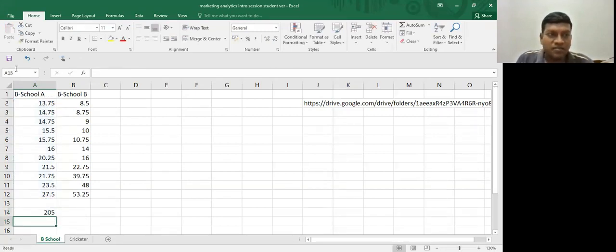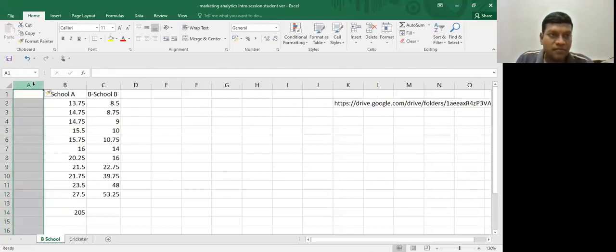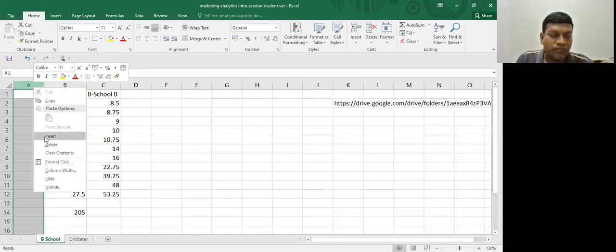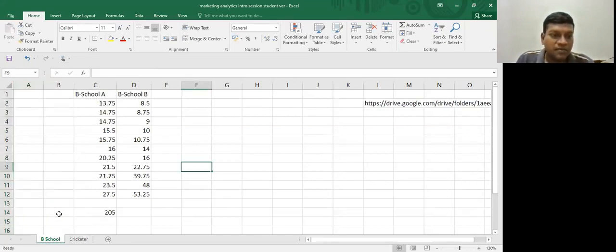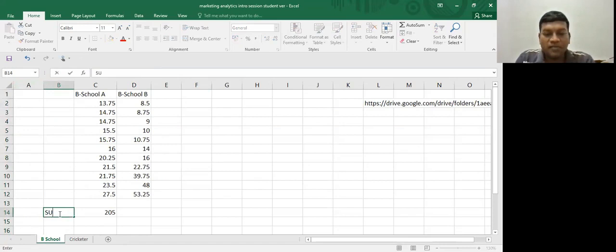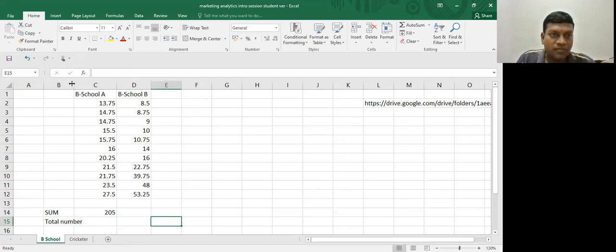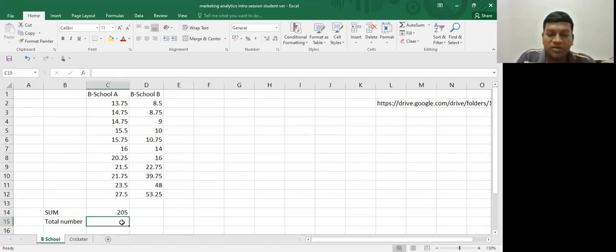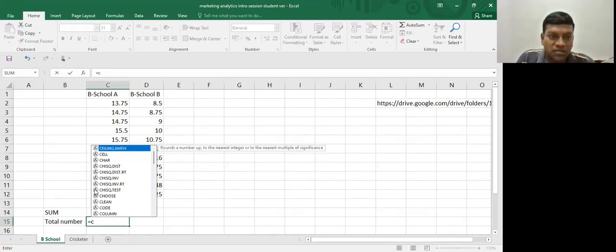This is the sum of this. I'm just making a little space here. This is the sum, and this is the total number of observations, and let me call that equal to count.